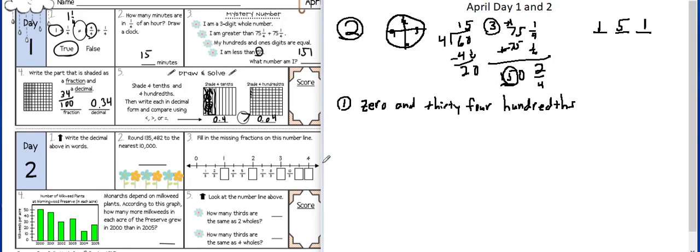Number 2, round 135,482 to the nearest 10,000s place. All right, so let's look at this. I'm going to find the digit that's in the 10,000s place, and that would be the 3. I'm going to look at the digit just to the right of it.